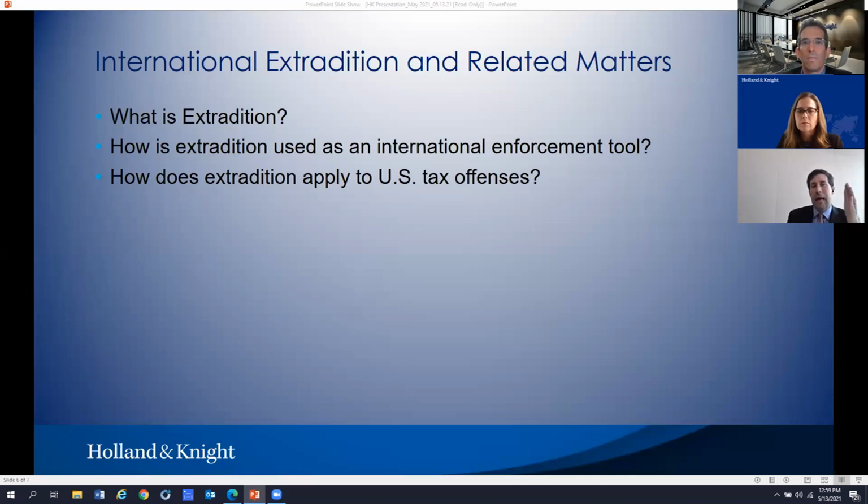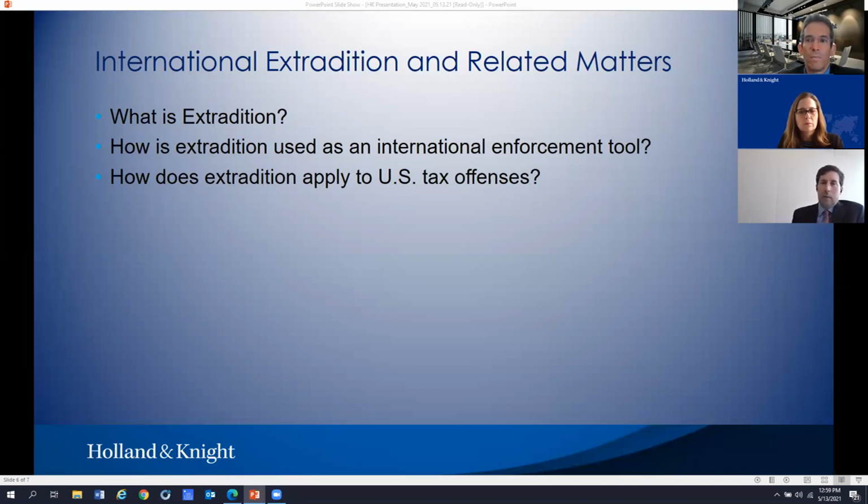One of the grounds to attack that prosecution is that it extends beyond what the actual terms of the extradition were for. In other words, if you're in country A and they agree to extradite you for crimes A, B, and C, you can't arrive in the United States and have the Justice Department decide, well, we're going to tack on crimes D, E, and F. You can only be prosecuted for the crimes that you were extradited to face.